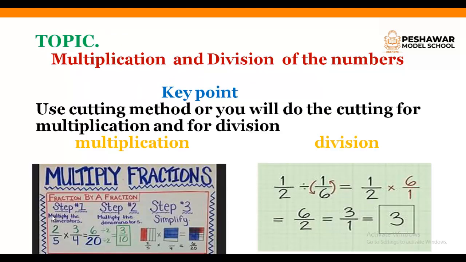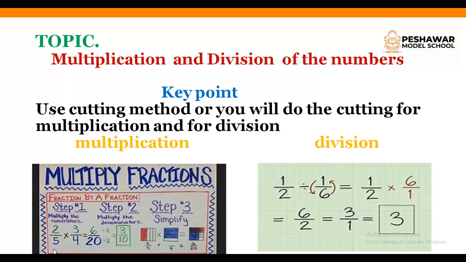Let's move to the next, that is today's topic: multiplication and division of numbers. So how will we multiply and divide? Use the cutting method. Well, my dear student, here you have some examples.